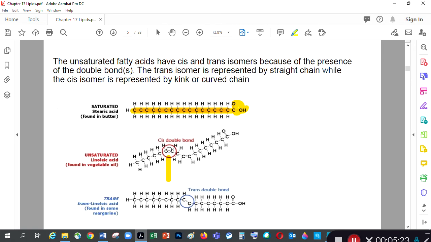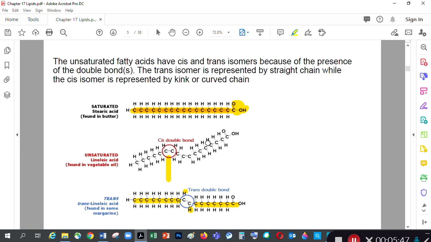We have cis and trans isomers. You can see this is unsaturated linoleic acid in cis form. This is the same linoleic acid in trans form. You see here, this H is opposite to this H, and this group is opposite to this group. This is a trans.